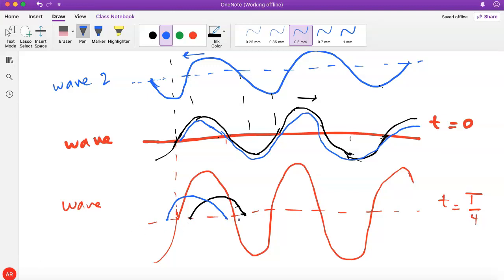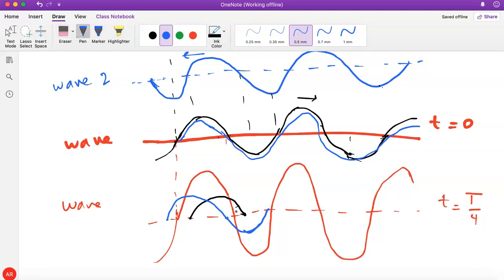Now let's maybe continue this. So something interesting happens now. See, this point that has 0 amplitude, it seems that it remains at 0 amplitude, right?